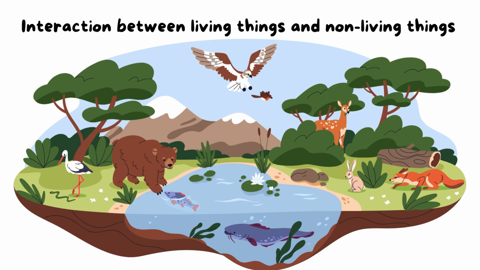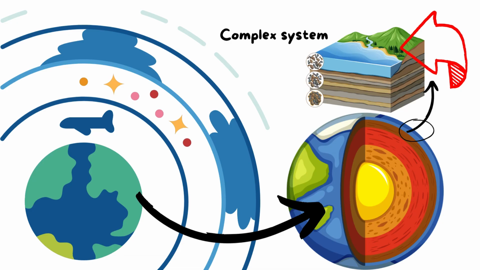Now I want you to know that the land or the ground part of the Earth extends inside the Earth, as inside the Earth there are layers of rocks, different types of rocks, okay? So after we said all these, now you know why the Earth is a complex system.